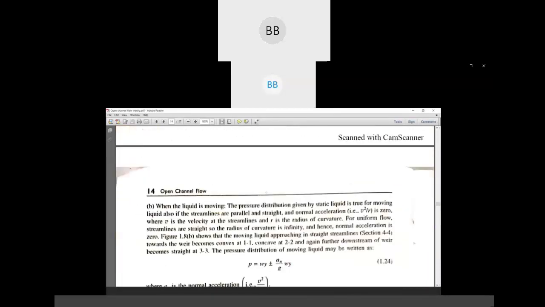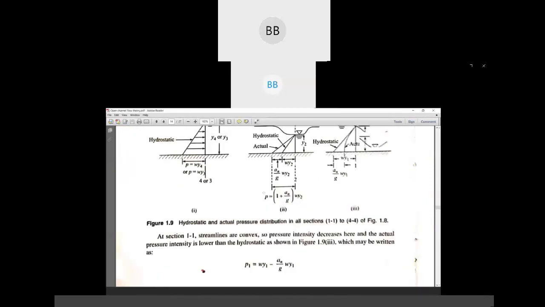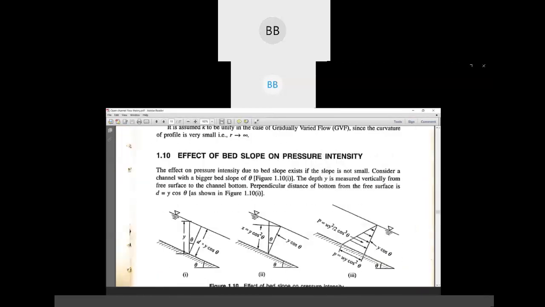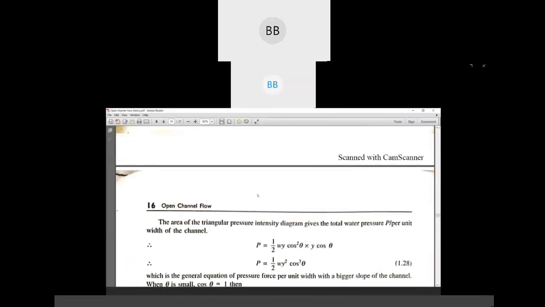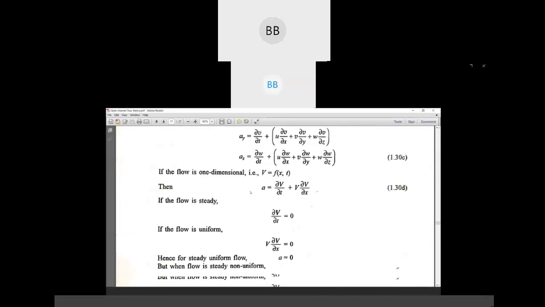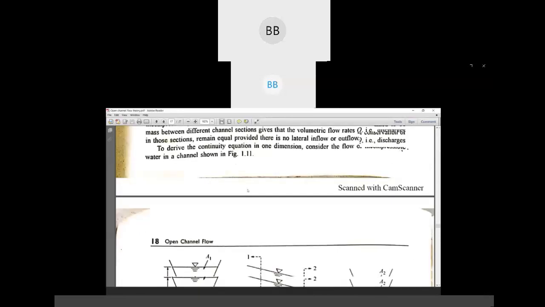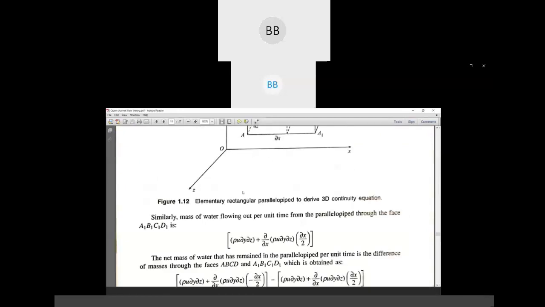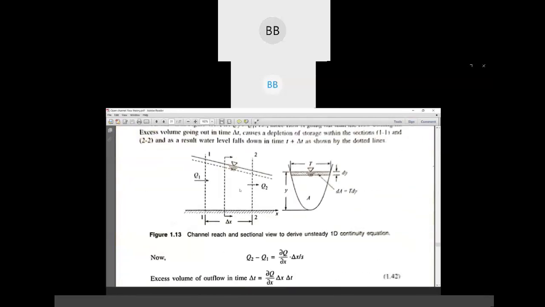So I ask you to be ready with a pen and paper. We solve some numericals. Unless and until you solve, you are not going to understand. As it is very difficult in an online process.